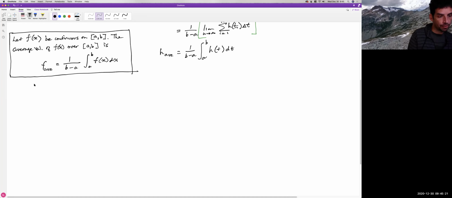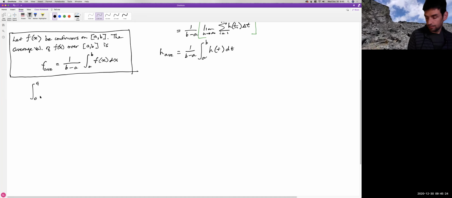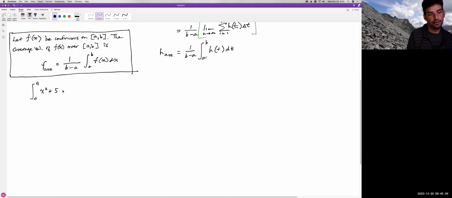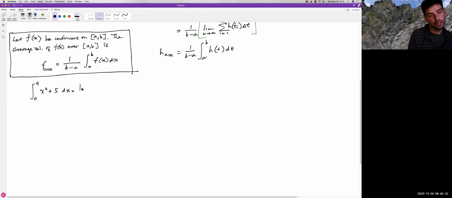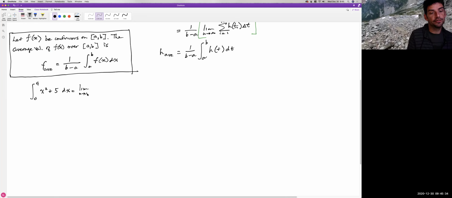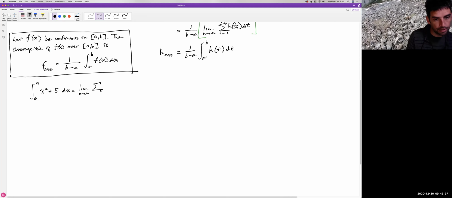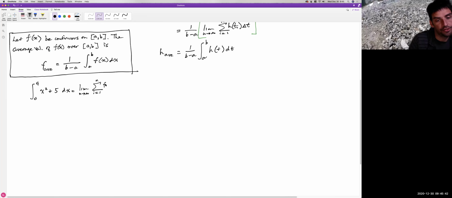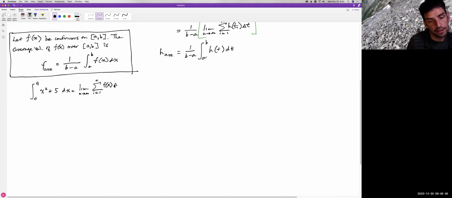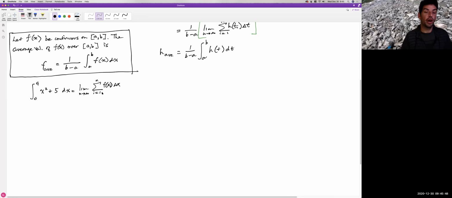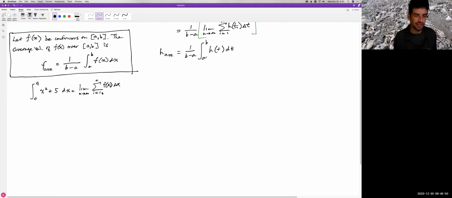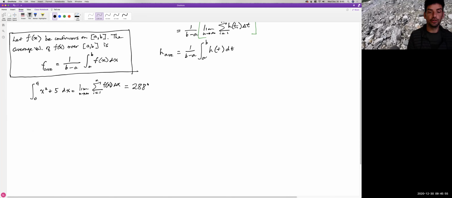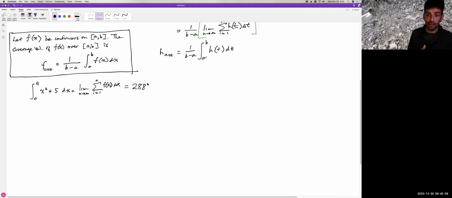A couple videos back, one of the examples was the integral from 0 to 9 of x squared plus 5 dx, which of course we can write as the limit as n goes to infinity of the sum from 1 to n of this function. We did all the work, put all the expressions in there as needed, and we took this limit and got the result of 288. So you can go back to that video if you want to remind yourself how that works out.